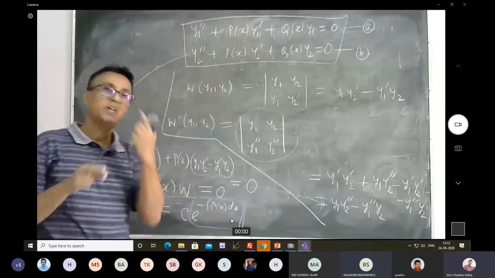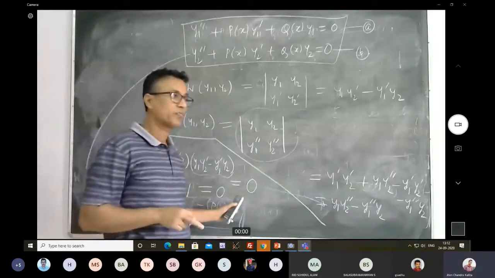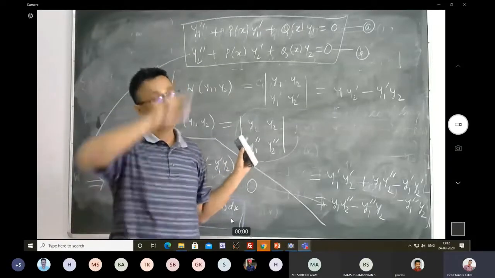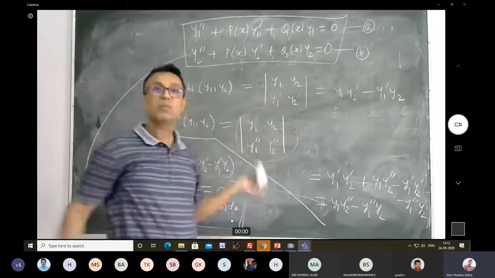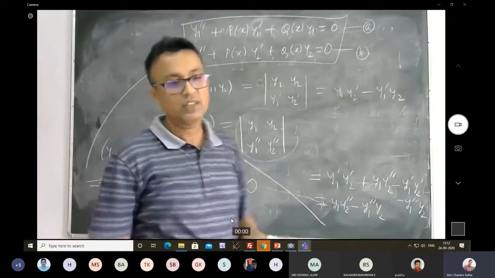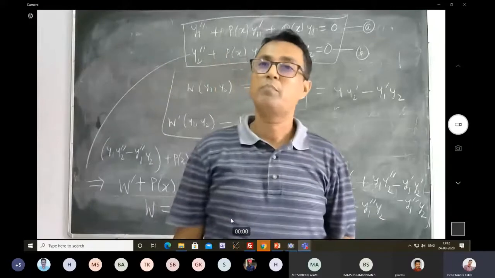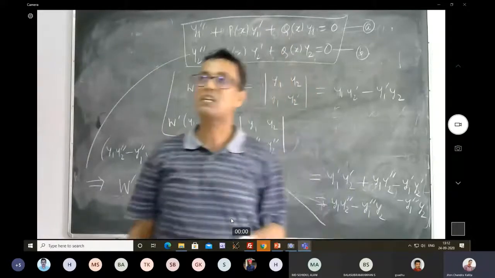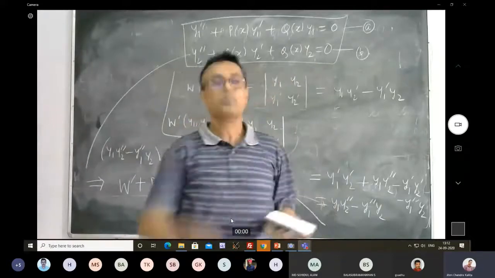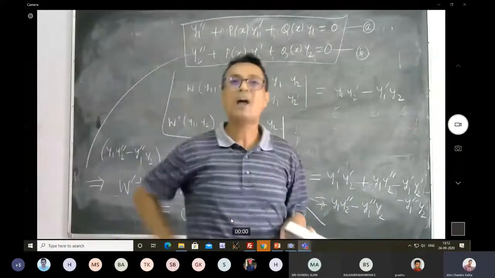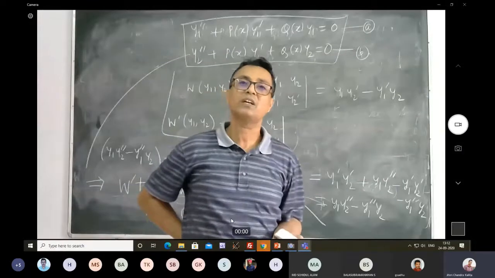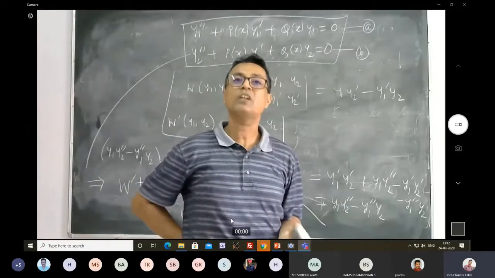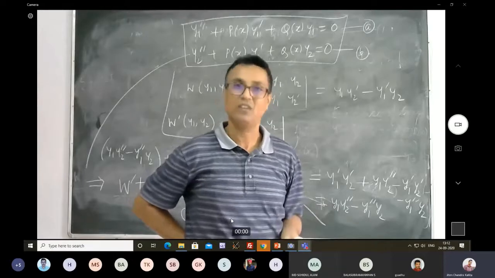Now let me connect these two. What is the relationship of the Wronskian with linear dependence and independence? That will come in my next lemma. But before that, as I have told you, being able to uniquely express y as a linear combination of y1 and y2, we proved only at a particular point in the interval.